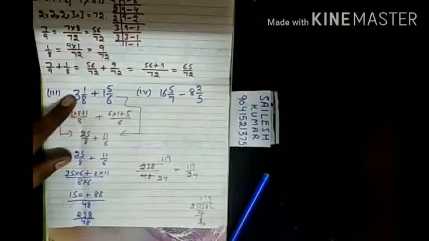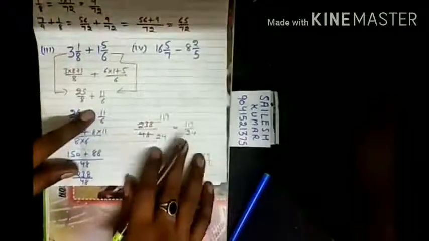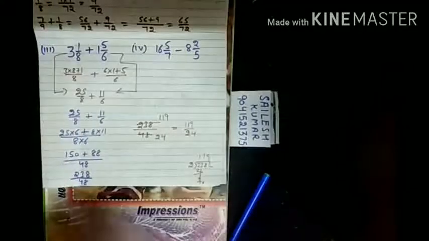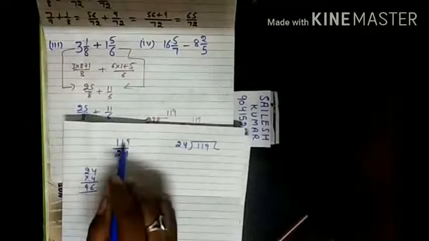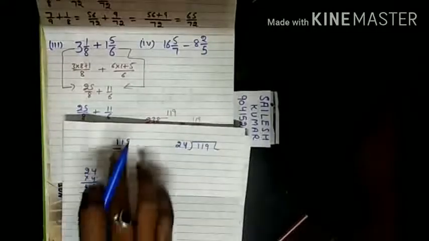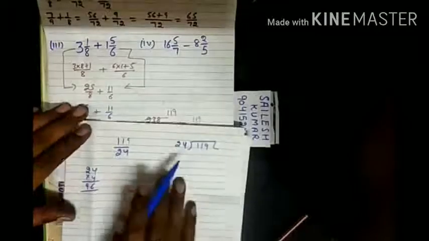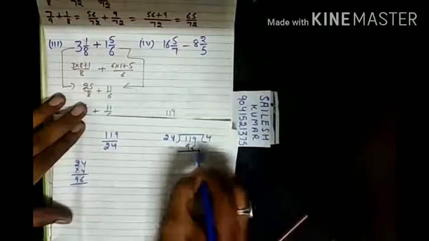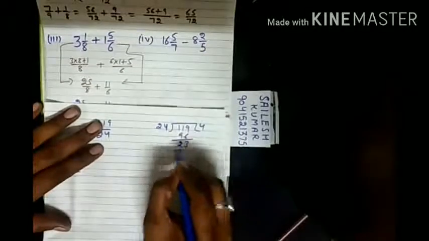Because my question was in the mixed fraction, therefore I will have to give the answer in mixed fraction. So I will convert this improper fraction into mixed fraction. Now, in order to convert improper fraction to mixed fraction, we will divide 119 by 24. Now, on the table of 24, we get 96 at 4 place. Now, 3 and 2.